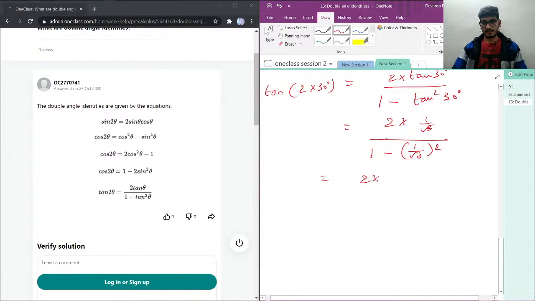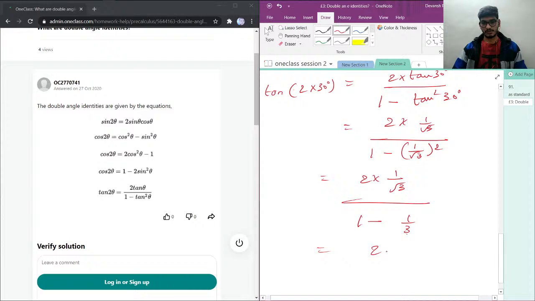This will be 2 times 1 over root 3 over 1 minus 1 over 3. If I take the LCM, this will go here.